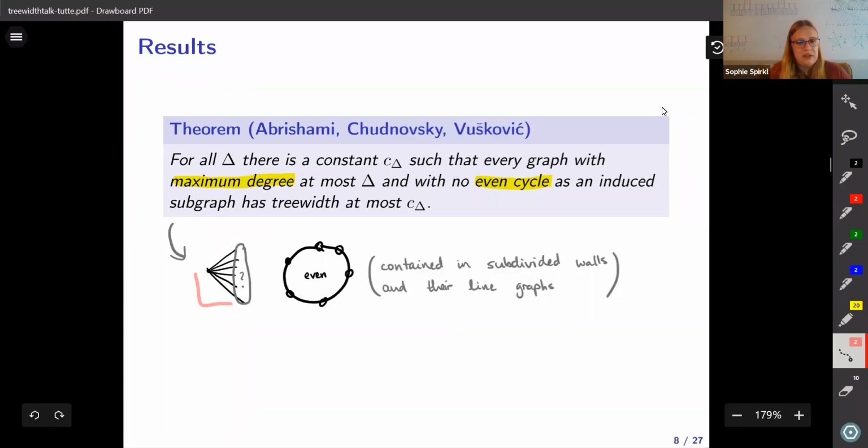That depends on what degree we choose here. And this makes some amount of sense because if you look at subdivided walls and their line graphs, then one of the first kind of interesting things they contain are even induced cycles.